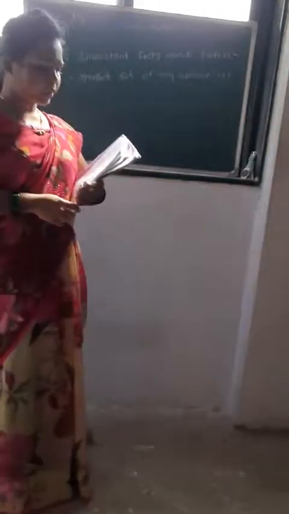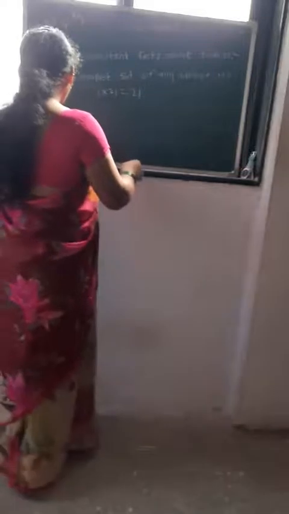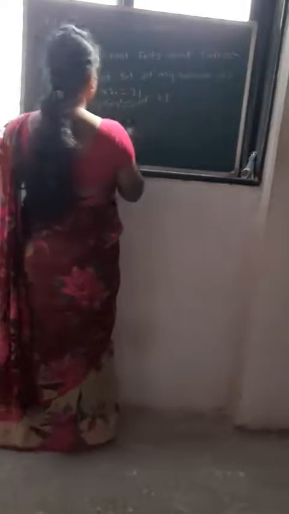That is, 1 multiplied by 21 is equal to 21. Then 1 is factor of 21.